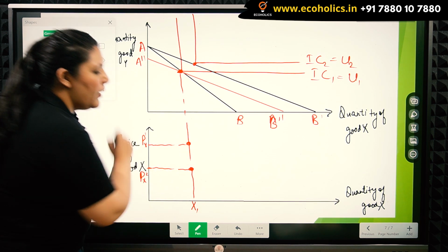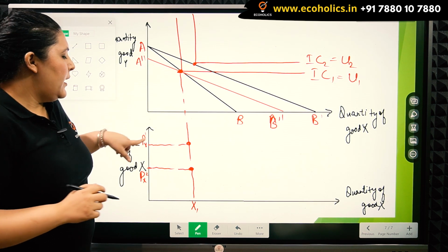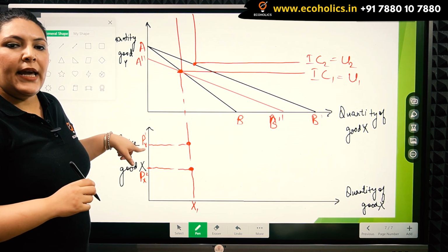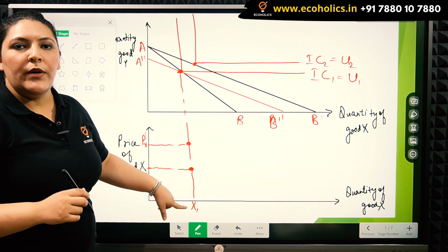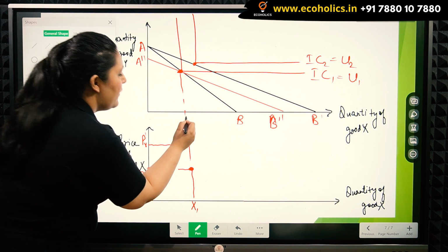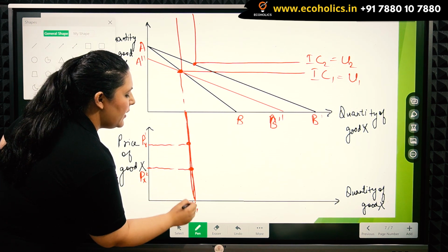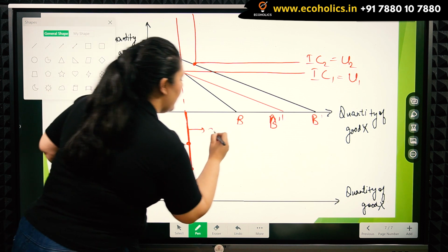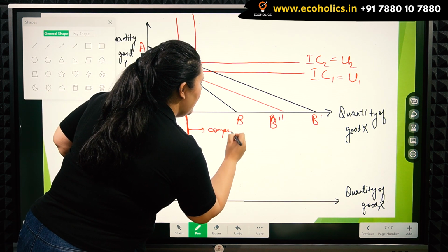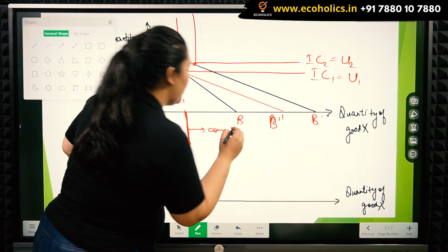So the two points that we had marked, depicting the relation between the price of commodity X and the quantity of commodity X when the prices were changing, form a straight line. This is a vertical line. This is nothing but the compensated demand for good X, which is a complementary good.